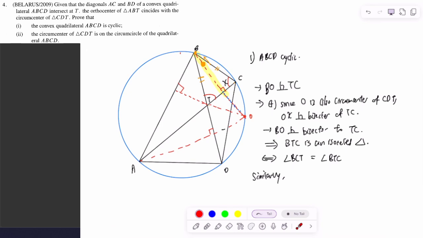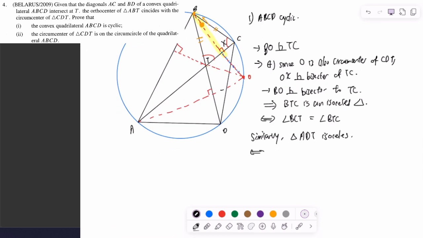The setup is basically the same, so just repeat that and you'll get triangle ADT isosceles. So this will imply that angle ADT equals angle ATD. So these two are equal.